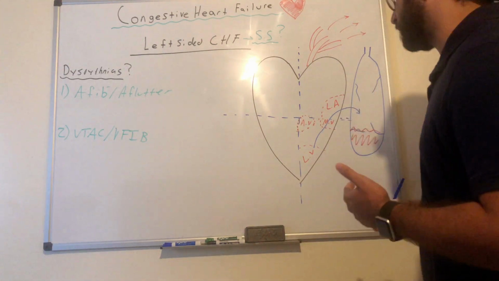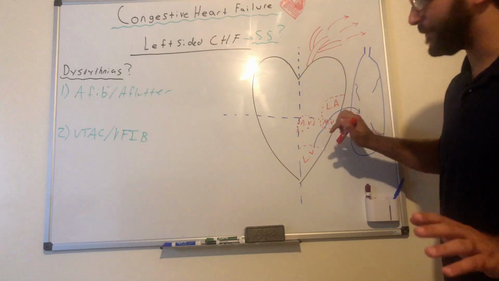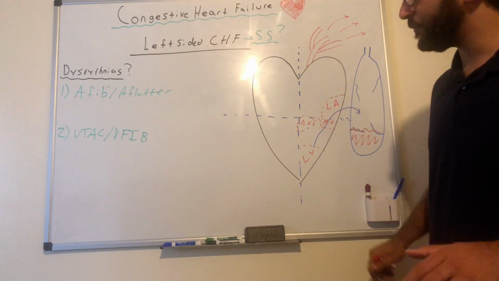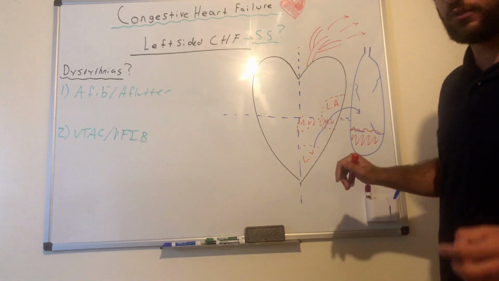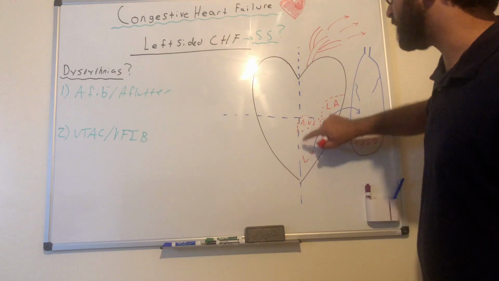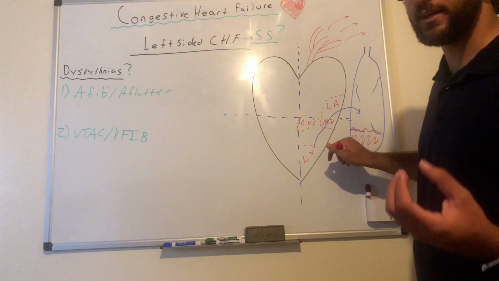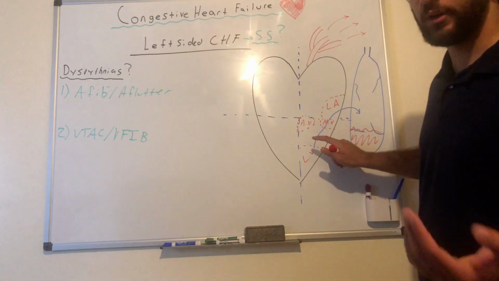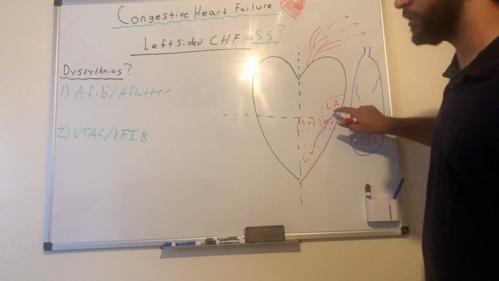Let's talk about it really quick. Blood flow is flowing through, let's say the left ventricle is hypertrophied, it's not working properly. The aortic valve is narrowed, it's stenosed, it's unable to pump out blood to the systemic circulation. So what happens is that the blood has to go somewhere else. Where does it go? It goes from the left ventricle back into the left atrium.